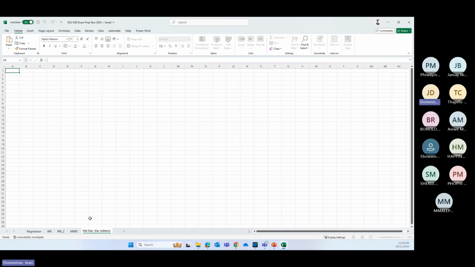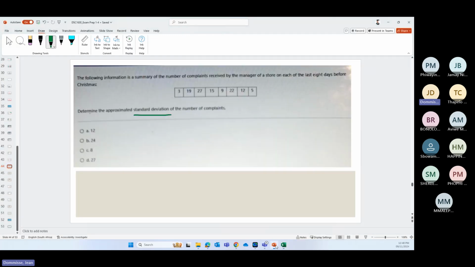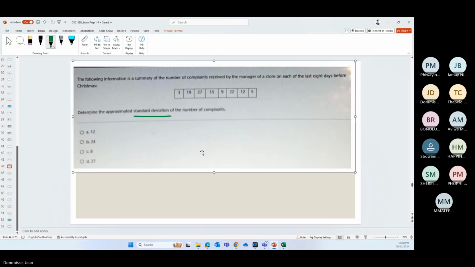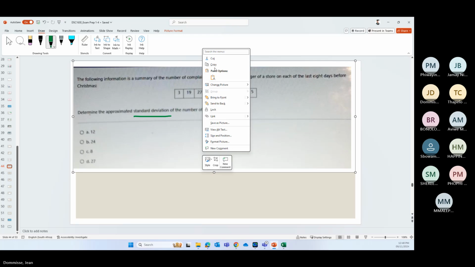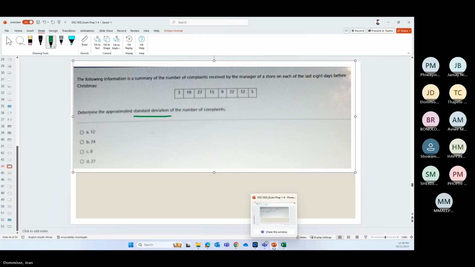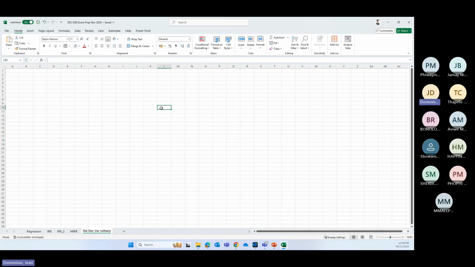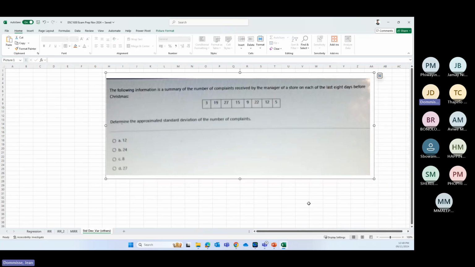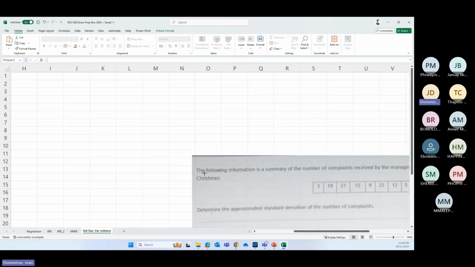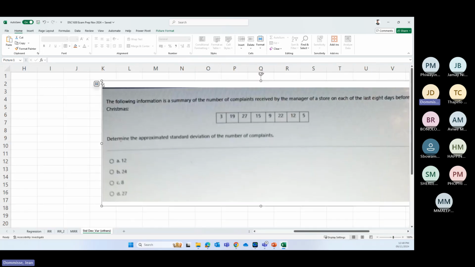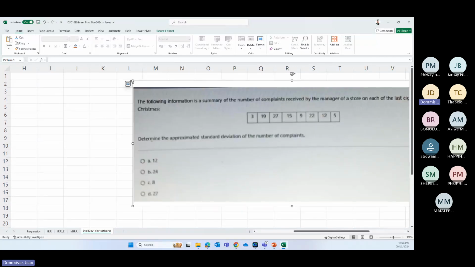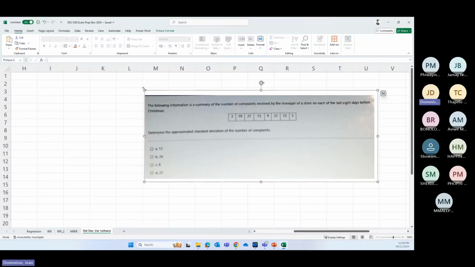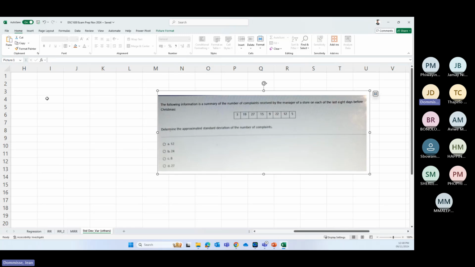I know we are only asked to do the one thing, but I want to show you guys that you can do a lot more, or they can ask you a lot more on this one piece of data. And then we have it in Excel that you can just use for future reference.